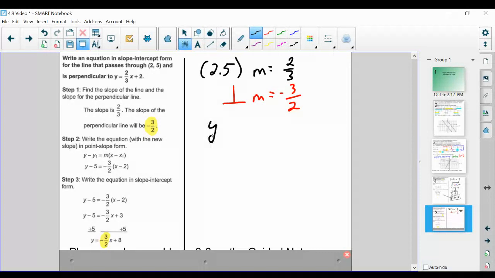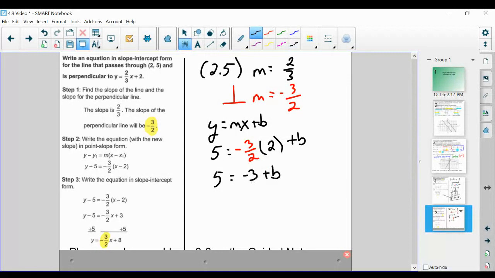So we're going to go to slope-intercept form, y equals mx plus b. We're going to substitute in our values. Y is 5. The slope that we want to have is negative 3 over 2. The x value is 2, plus b. When we solve for this, we get negative 3 plus b.